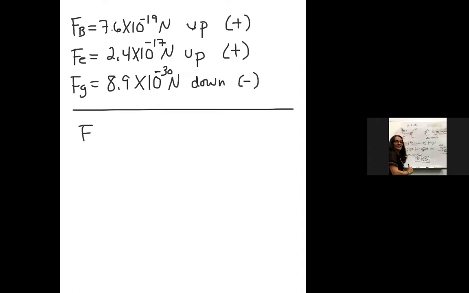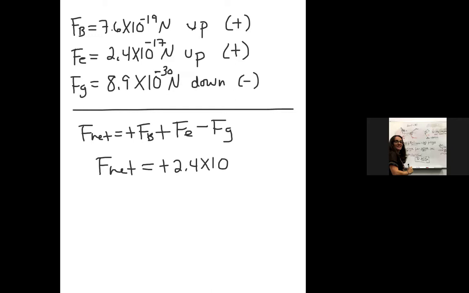So the net force is positive magnetic force, positive electric force, negative force of gravity, and the net comes out to a positive 2.4 times 10 to the negative 17 newtons. And this positive is what we called up. So we get a net upward force. So this electron is physically feeling a force up away from the ground.